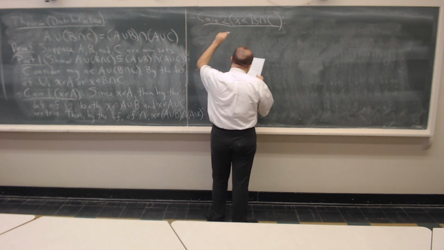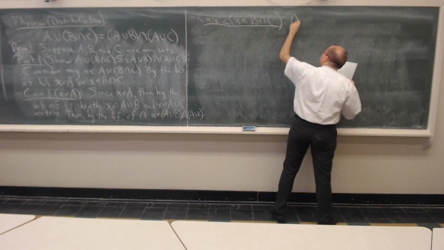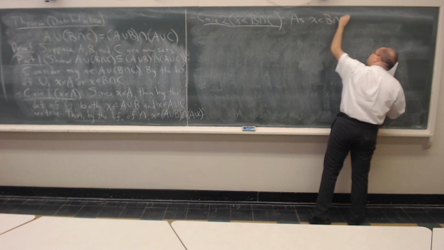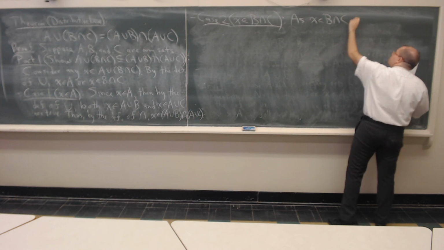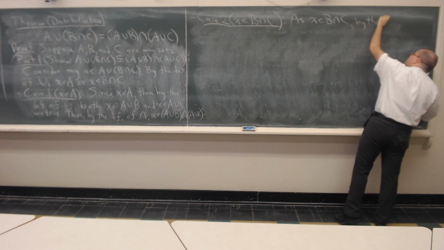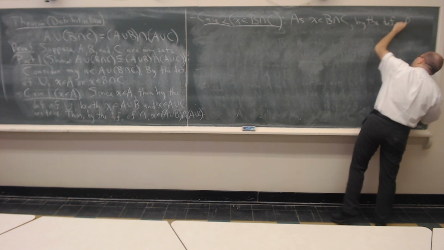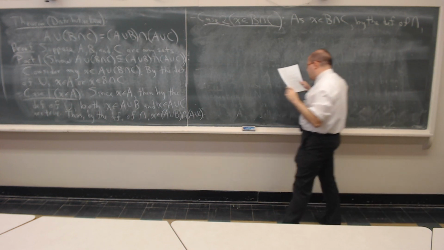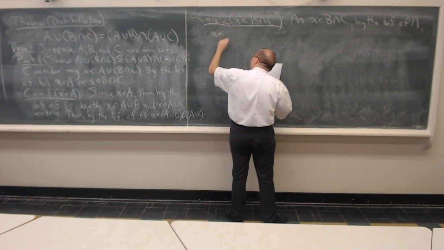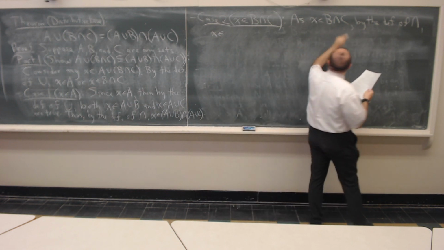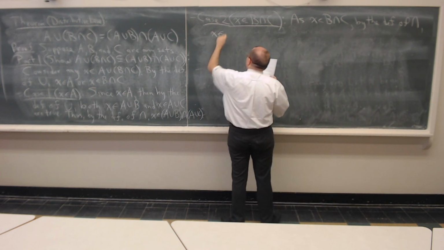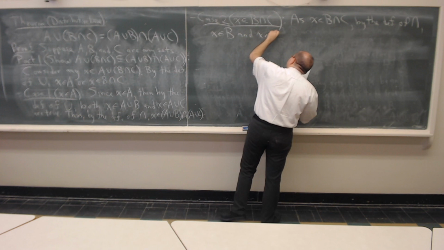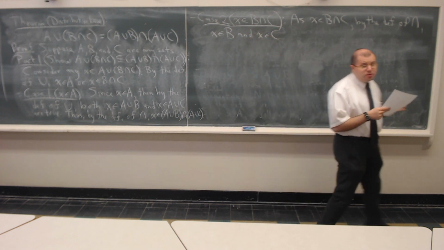So, as x is in B intersection C, by the definition of intersection, x is in B and x is in C. We have both of those at our disposal.